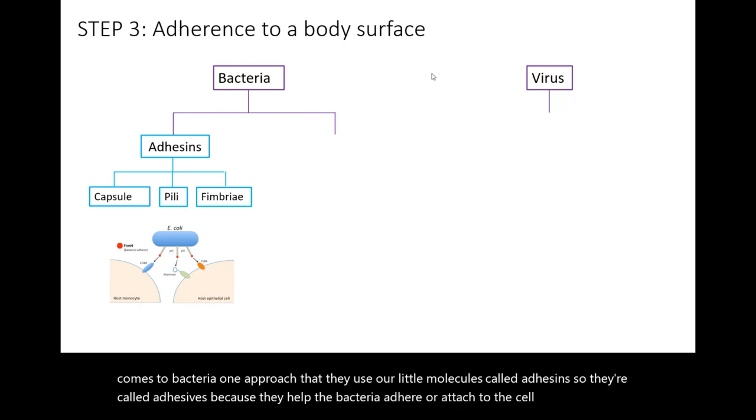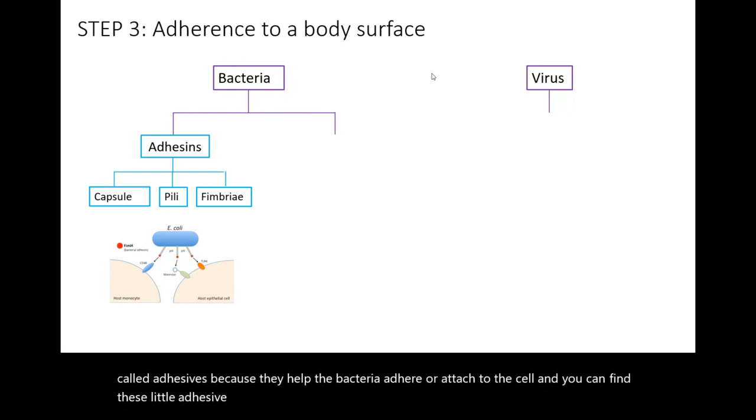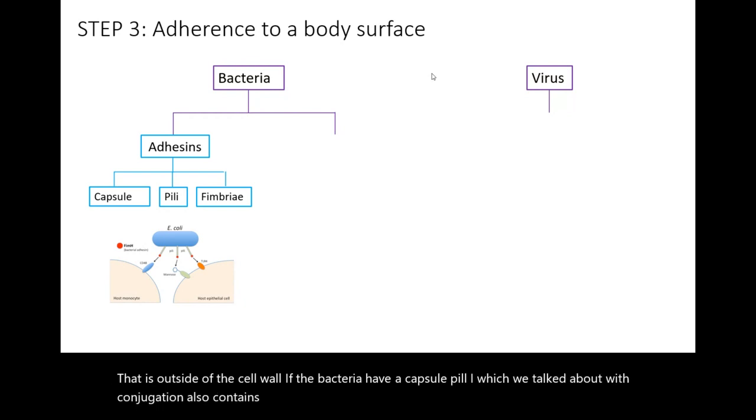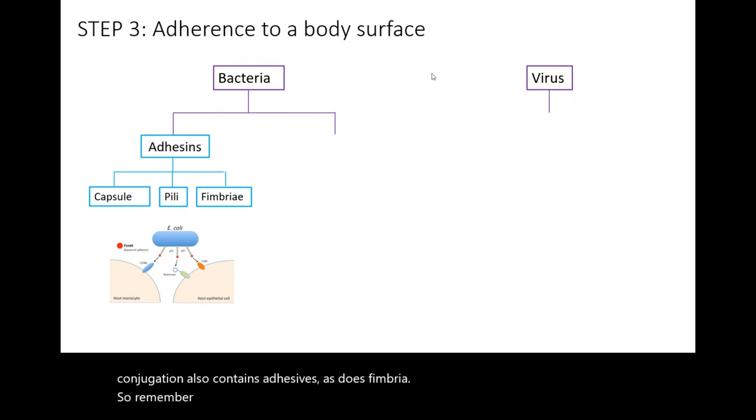And you can find these little adhesin molecules on the capsule, which is that sugary layer that is outside of the cell wall if the bacteria have a capsule. Pili, which we talked about with conjugation, also contain adhesins, as do fimbriae. So remember, fimbriae are those little short hair-like projections that help bacteria attach to things, like body surfaces.